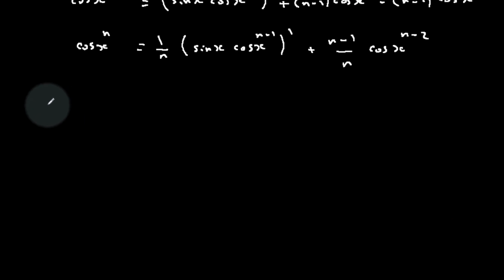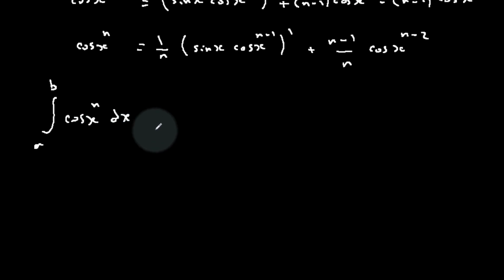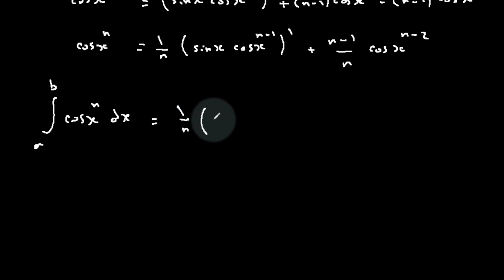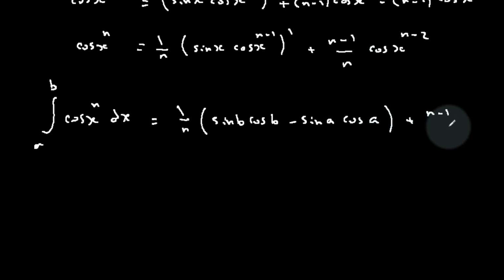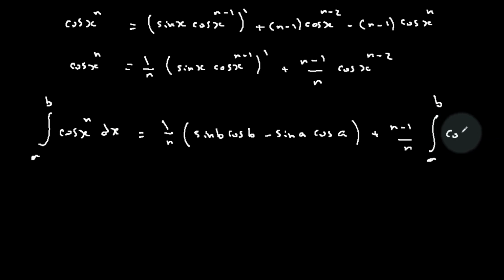If we apply the integration for the two sides, the integral from a to b of cosine x power n is equal to 1 over n times sine b cosine b minus sine a cosine a, plus n minus 1 over n times the integral from a to b of cosine x power n minus 2.